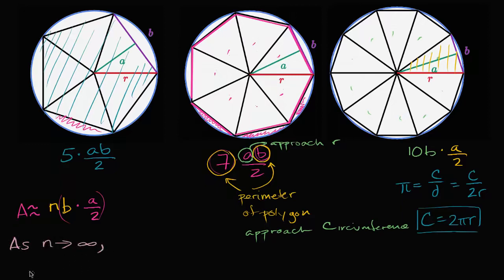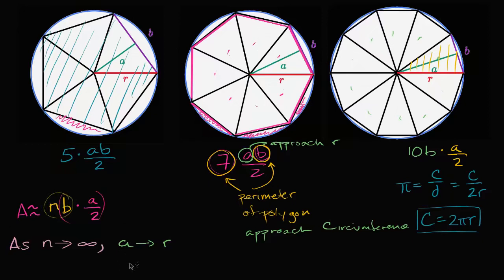As n approaches infinity, we've already said as we have more and more sides and more and more triangles, a approaches r. So a is going to approach r. The height of the triangles is going to approach the radius. And what else is going to happen? Well, n times b, the perimeter of the polygon, is going to approach the circumference.